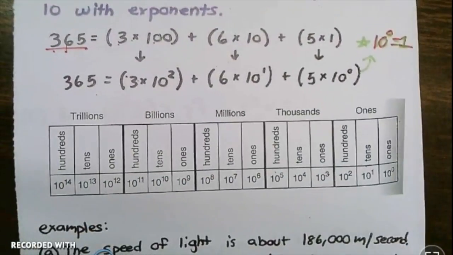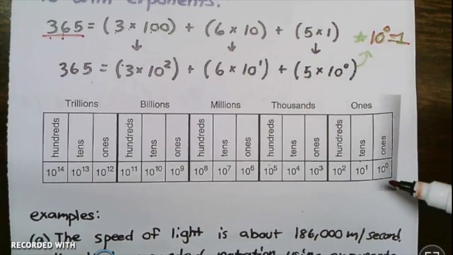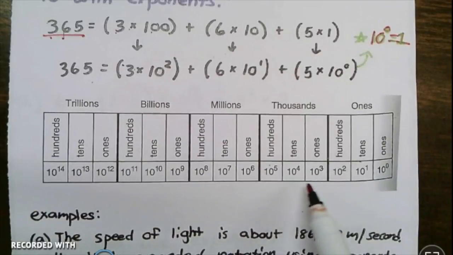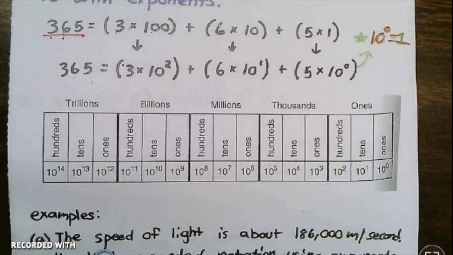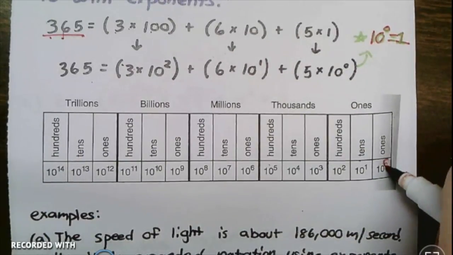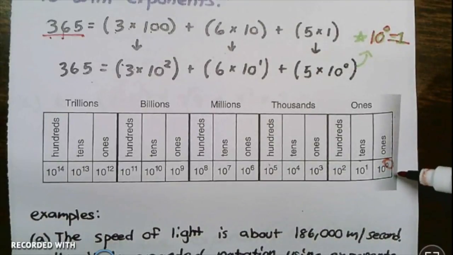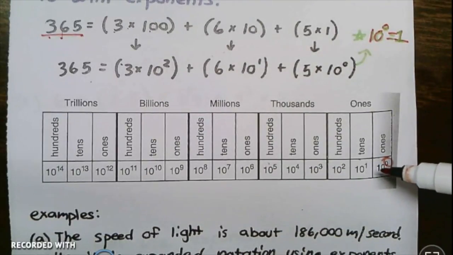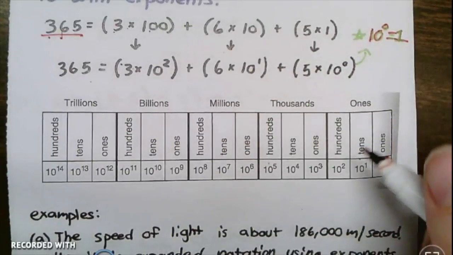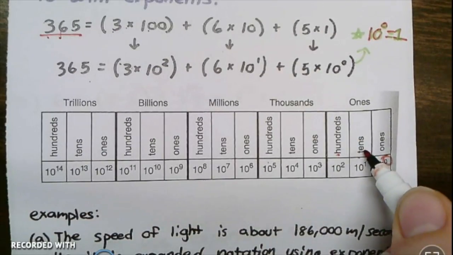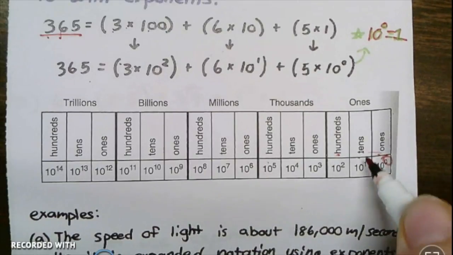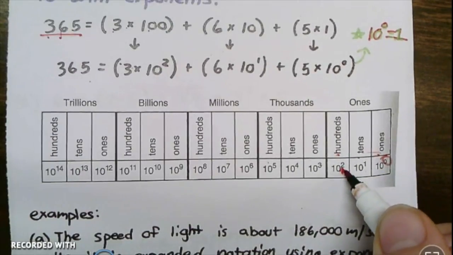Okay? All right, here is a chart to help you know what all of these are. So if we're starting here with the ones, we've got 10 to the 0, 10 to the 1, 2, 3, 4, 5, all the way down here. Now here's the hint I'm going to give you that can help with this. This exponent number is the same as however many zeros would have followed the 1. Like if the whole number was in the hundreds place, there would be 2 zeros following it, which means it's going to have an exponent of 2.